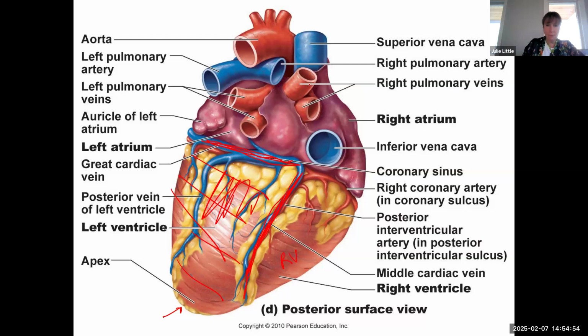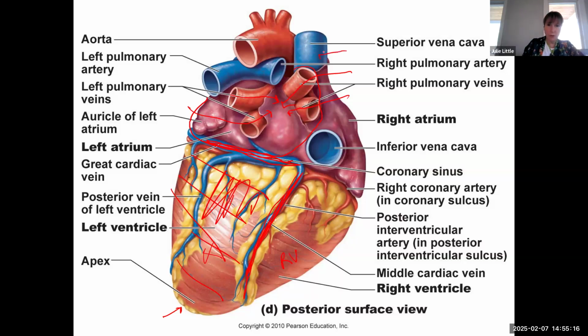But with the left atrium, we know we're in the left atrium when we see these guys here. So all of this that I'm circling is the left atrium. These are the pulmonary veins coming from the left lung. These are the pulmonary veins coming from the right lung. And then blood will go into this left ventricle and out through the aorta.